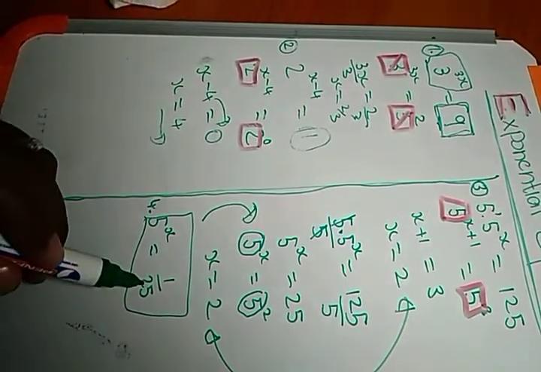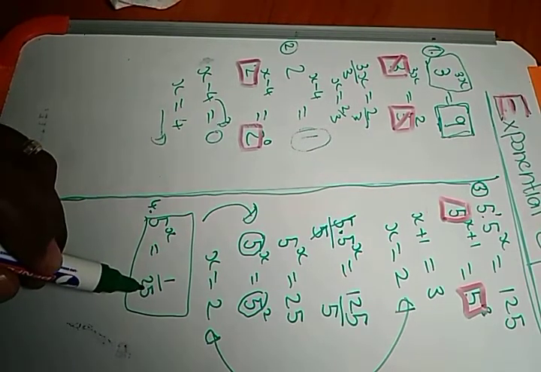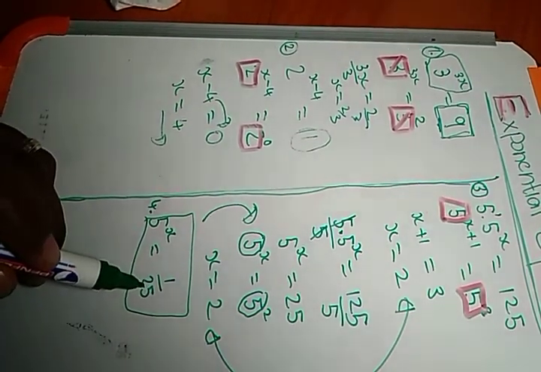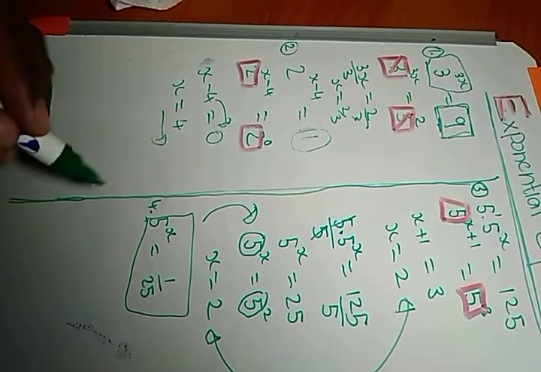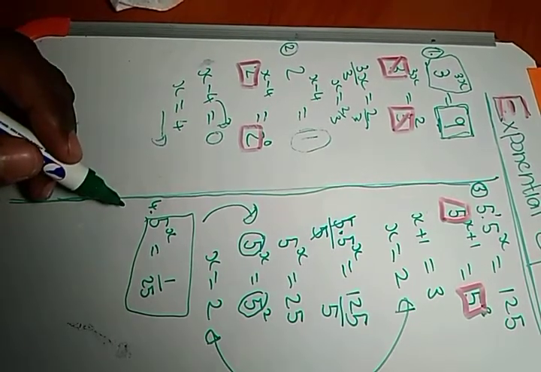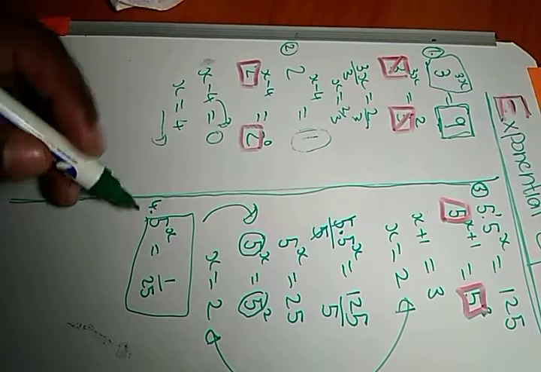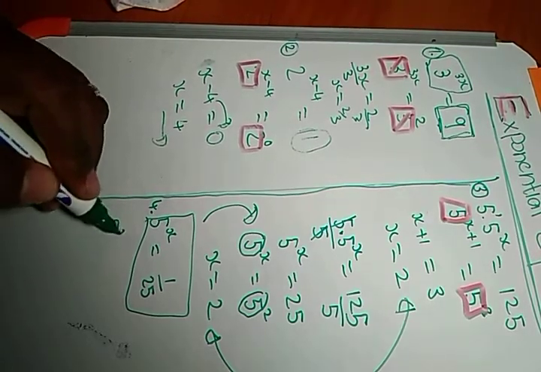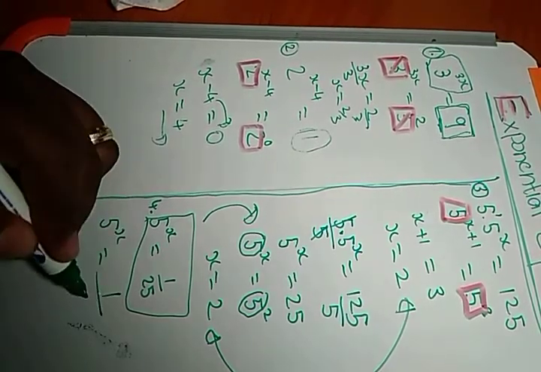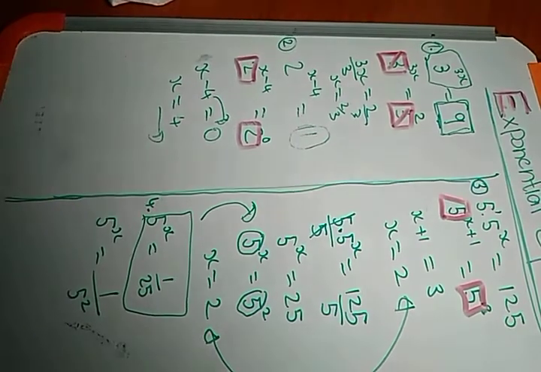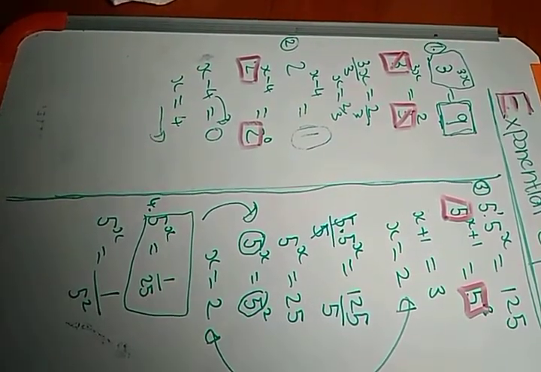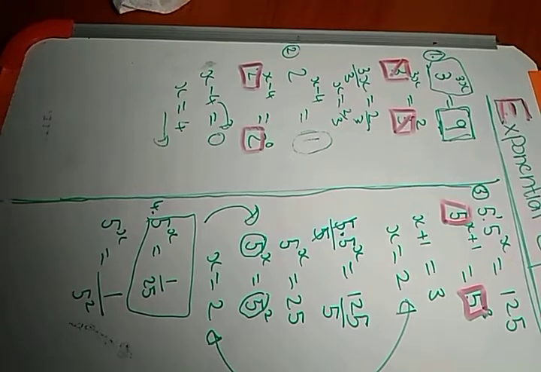The only thing is, I've got my 25 in the denominator here, okay? So we're going to need to go back there and look at the negative exponents. How do we understand negative exponents? So I'm going to go 5 to the x is equal to 1 over 5 to the power 2. Same thing. I've just converted this into an exponential form, okay?